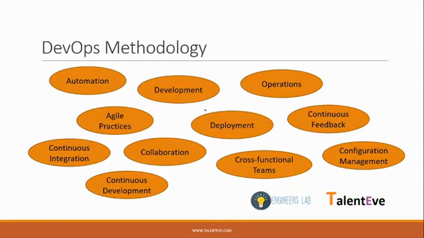Cross-functional teams work together and collaborate. There will be continuous development, continuous integration, and definitely the agile practices would also be followed for the development. So DevOps is an addition to the agile which is already used.